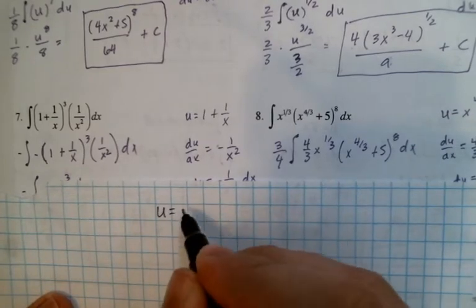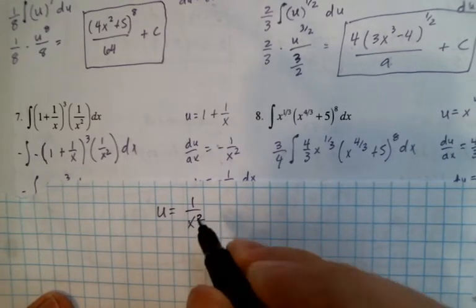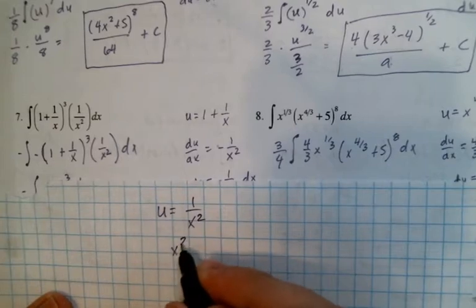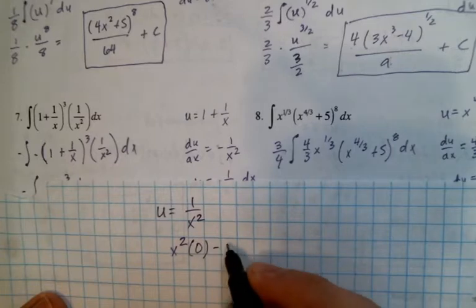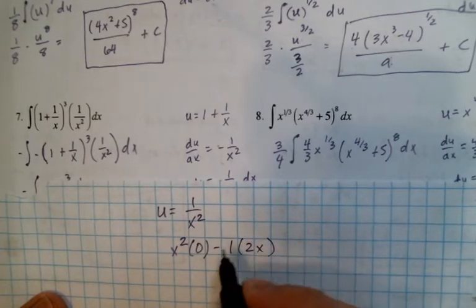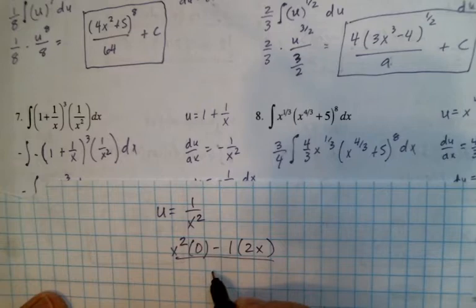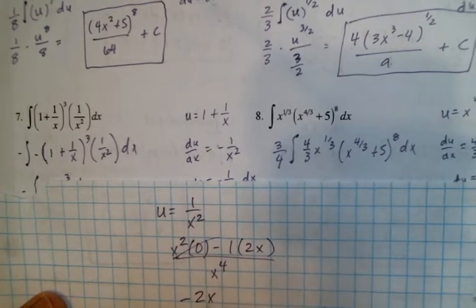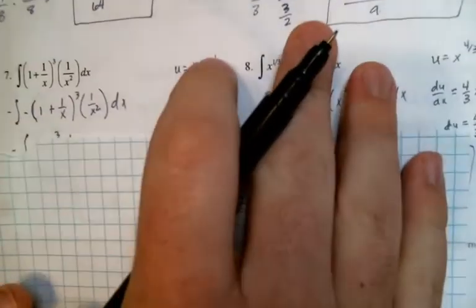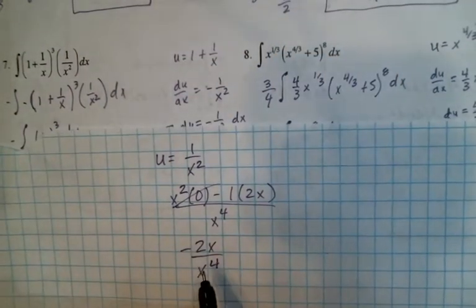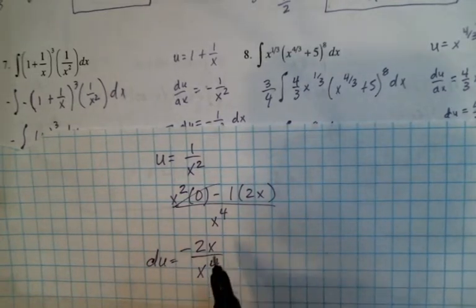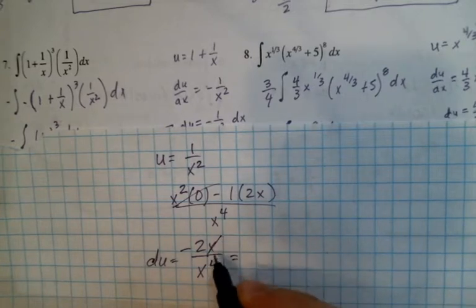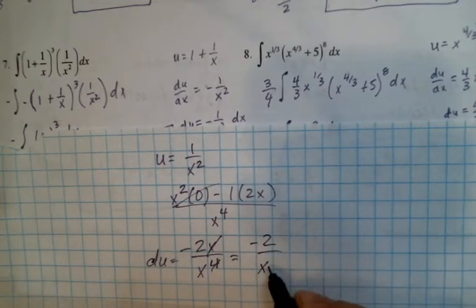So u equals 1 over x squared. And we did low times the derivative of the high minus high times the derivative of the low, all over low, which would be x to the fourth. That cancels. That's negative 2x over x to the fourth. So notice here, Morgan, this right here would be my du. That can simplify to negative 2 over x cubed.